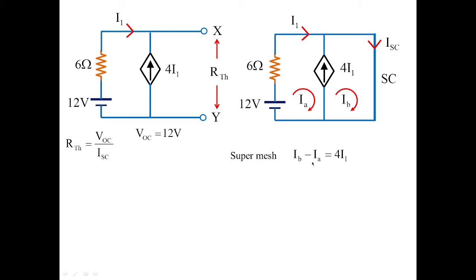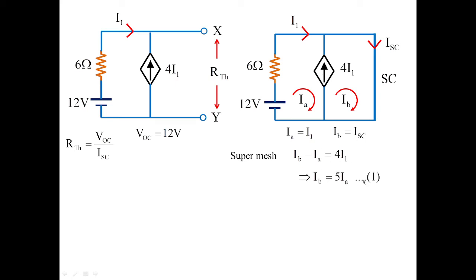This is a kind of supermesh because the current source is shared by two loops. From the obtained circuit, the loop current IA is equal to the branch current I1, whereas the loop current IB is equal to the short circuit current. This is the conclusion we can inspect by looking at the closed circuit.